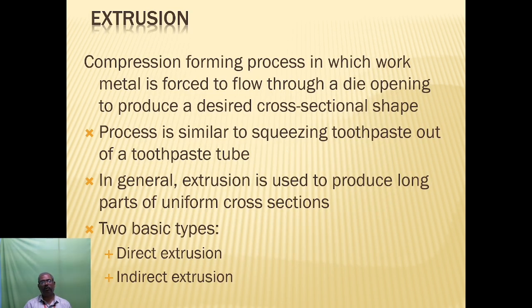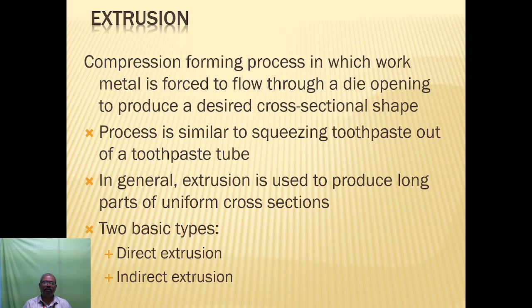The next process, first we discussed the rolling, then we discussed the forging. Now we move on to the extrusion process. In the extrusion process, the compressive force is used to form the final product.